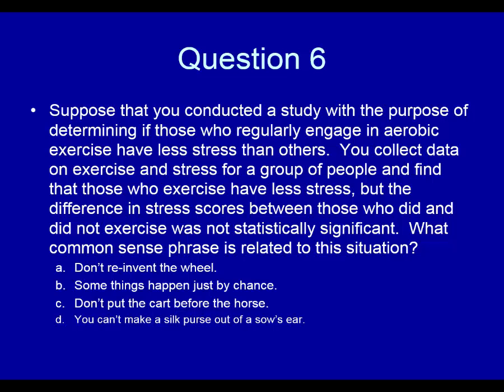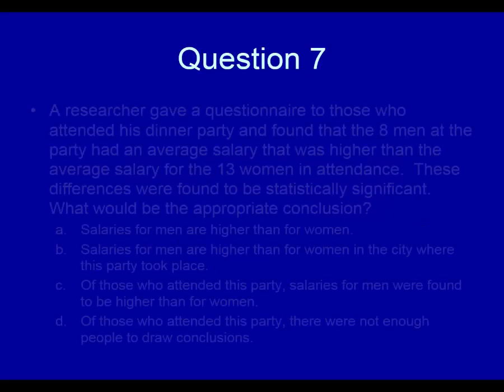So that is the correct answer. Chance, as reflected in the analysis of data statistically, is one of the critical questions that is dealt with by scientific research. If you cannot rule out chance, then you can't take your data seriously. Here's question 7.